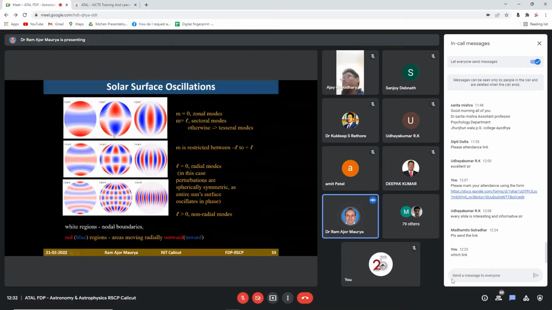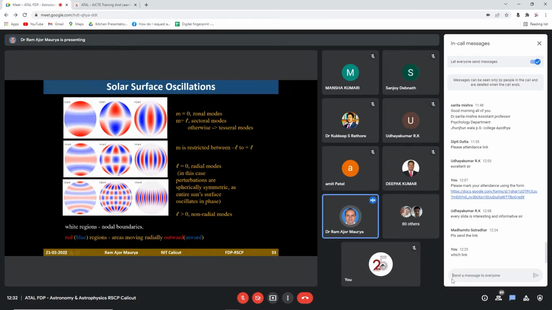In this, the red color represents a downward motion towards the sun center, and the blue part represents the motion towards us. The patches are the nodal points.